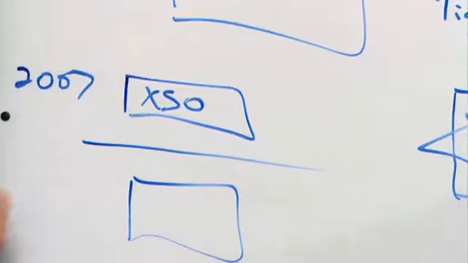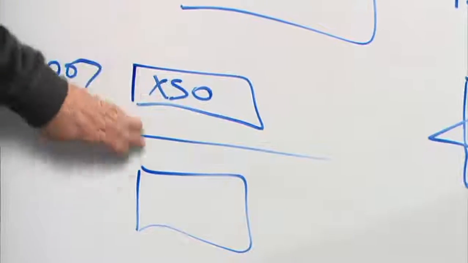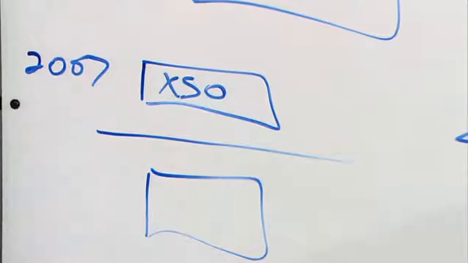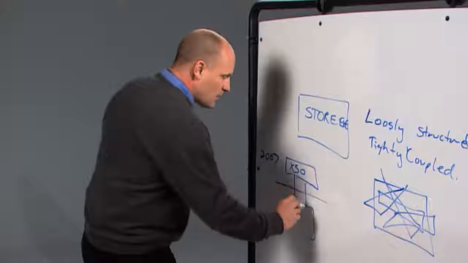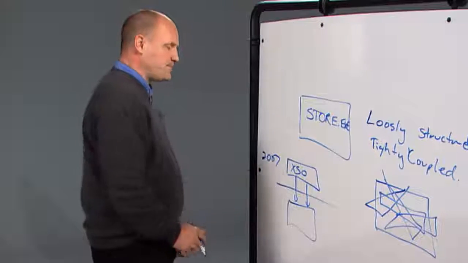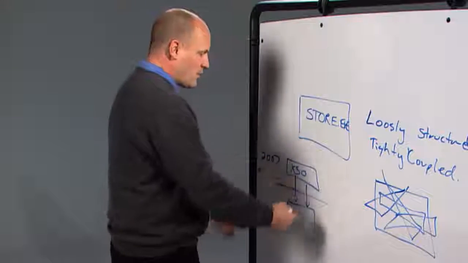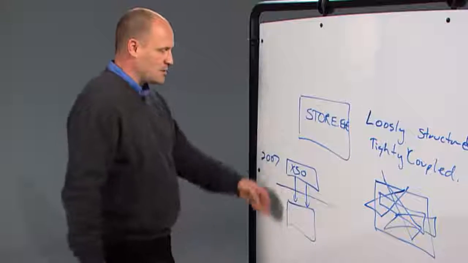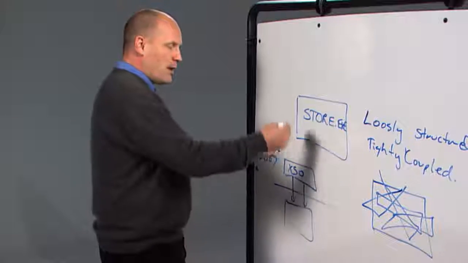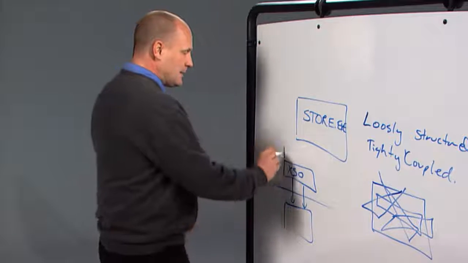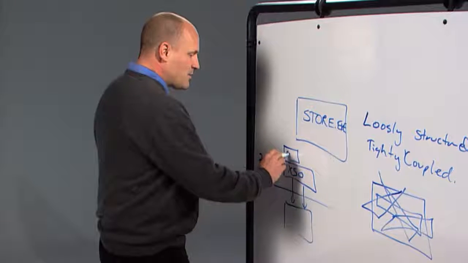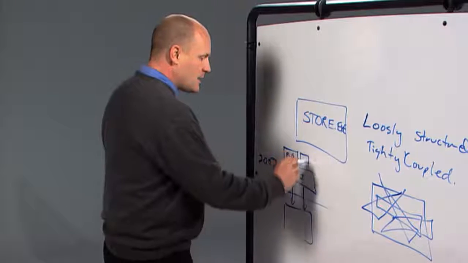So you could actually not only have a process boundary, but the interface here was efficient enough it could work across machines. And it would talk to the store through one protocol. So all of our protocols then would start coming through this XSO layer. Transport, POP, IMAP, and Outlook Web Access all would come through this one layer. And our Exchange Web Services would be built on top of this.